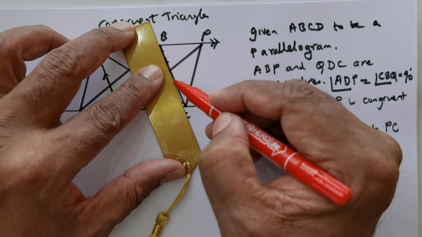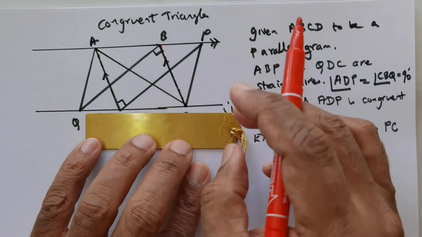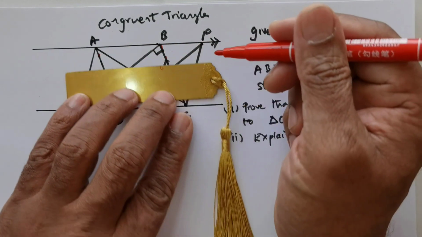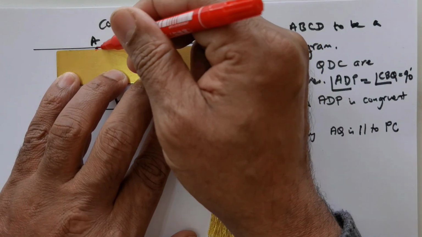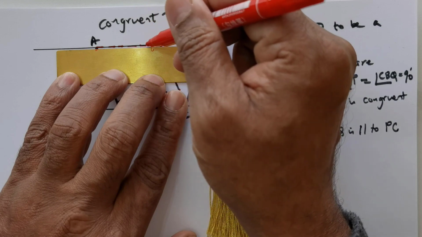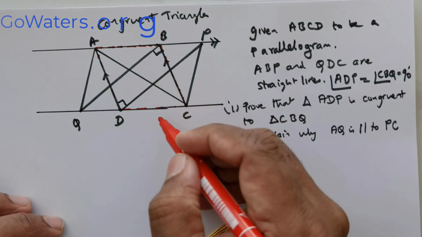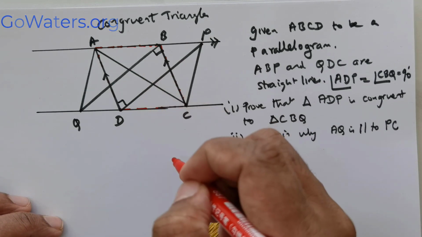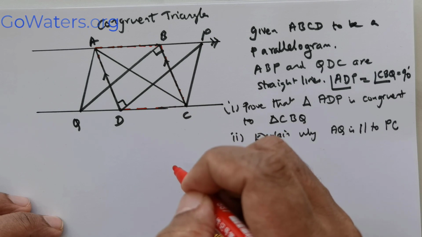So this is a parallelogram. Right, now my question is, what is the feature of a parallelogram? The feature is the opposite sides are parallel and they are equal. That's an important thing you will have to know.